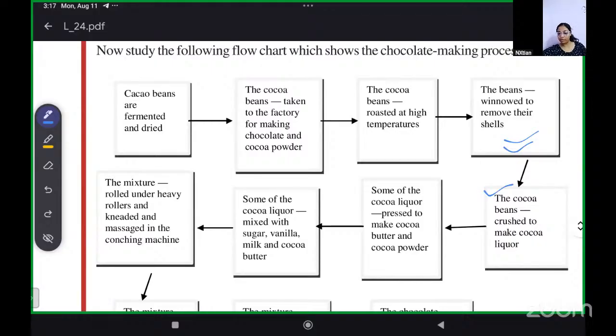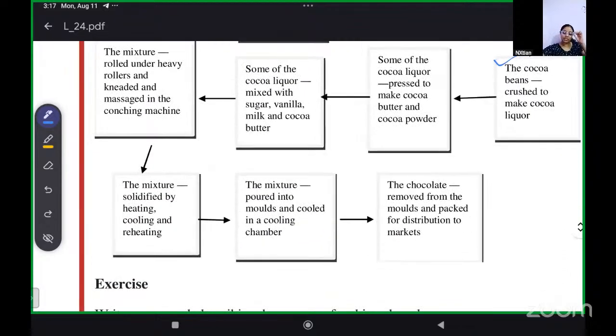Some of the cocoa liquor is mixed with sugar, vanilla, milk, and cocoa butter. The mixture is rolled under heavy rollers and kneaded and massaged in the conching machine. The mixture is solidified by heating, cooling, and reheating. The mixture is poured into molds and cooked in a cooling chamber. The chocolate is removed from the molds and packed for distribution in markets.